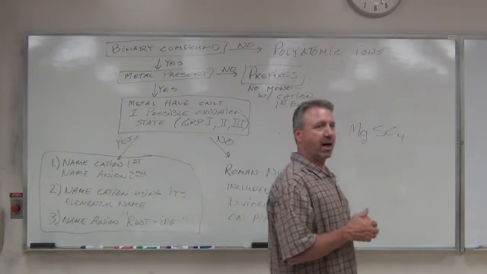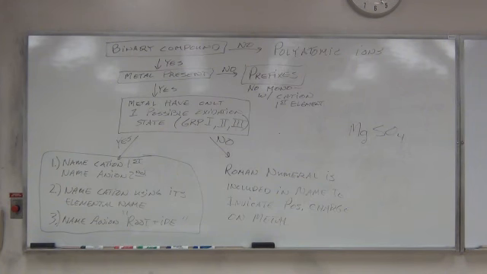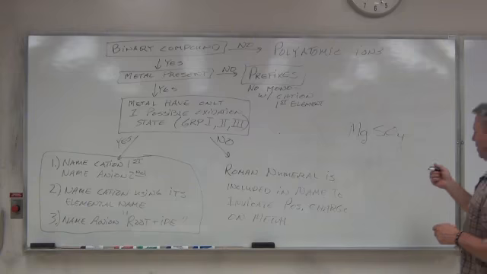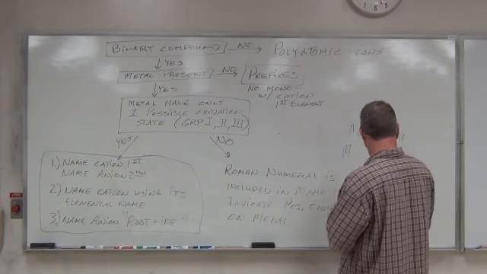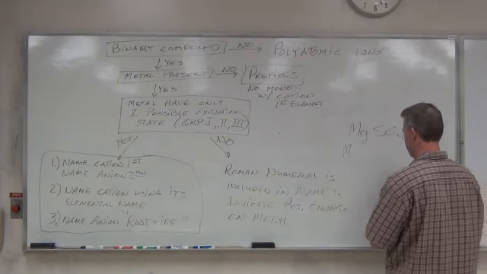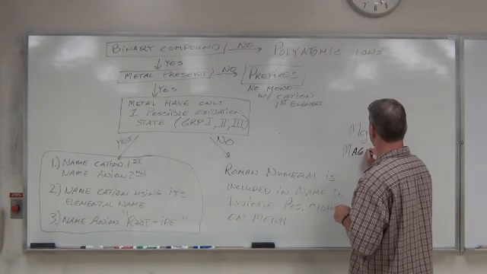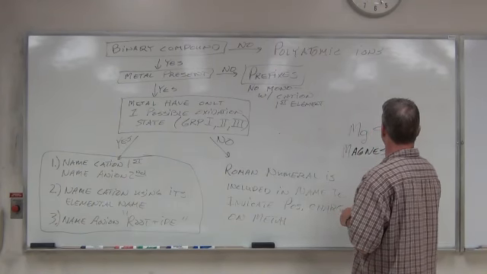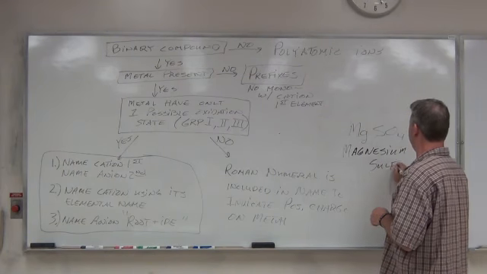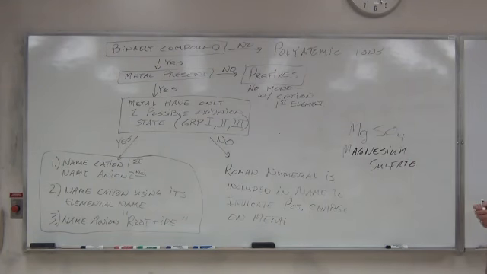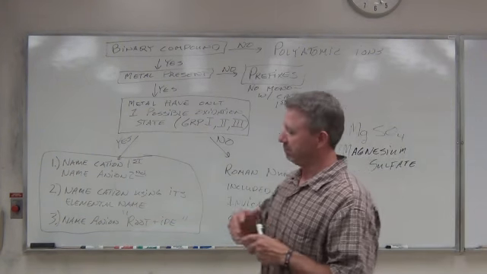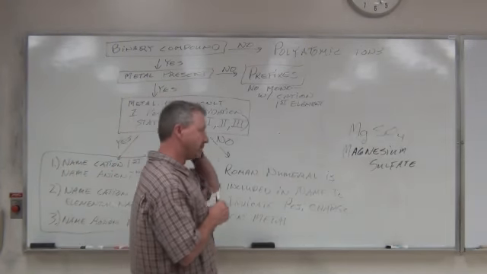Do you? Yeah, it's SO4, right? Name it. Magnesium sulfate. Magnesium sulfate. Compounds containing polyatomic ions, you just have to memorize them. You have to know.